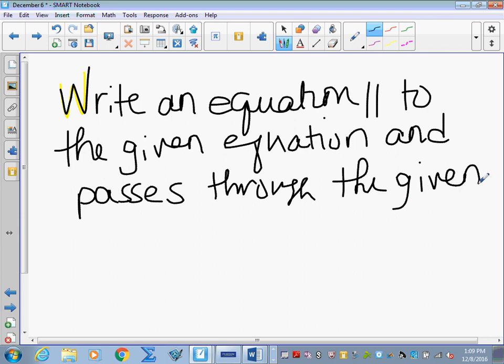This is very similar to your directions for homework. You have to write an equation that's parallel to a given equation and passes through a specific point.